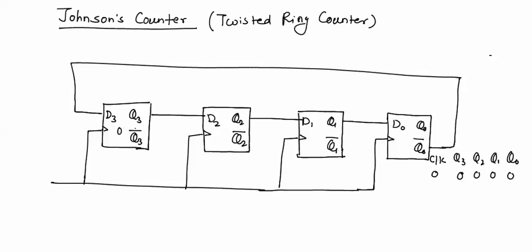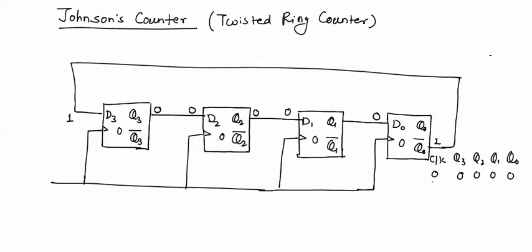All the flip-flops have logic 0 stored in them. This logic 0 will be available at the output of this flip-flop, means at the input of this flip-flop. This 0 will be available at the output of this flip-flop, means at the input of this flip-flop. Similarly, this 0 will be available at the input of this flip-flop, and as this flip-flop stores logic 0, output Q0 bar is logic 1, and this logic 1 will be input to D3.